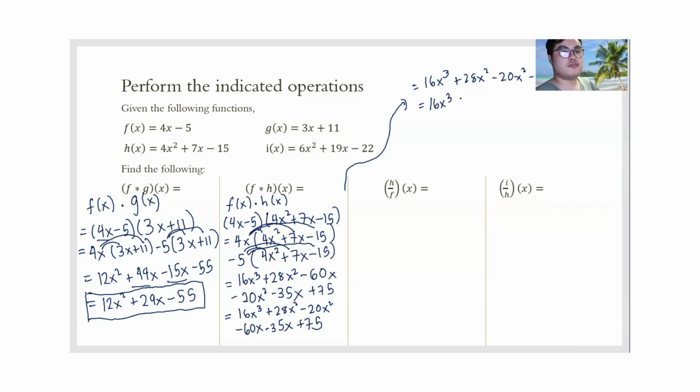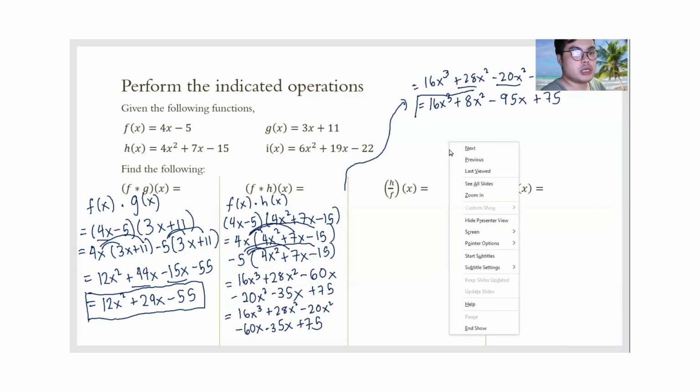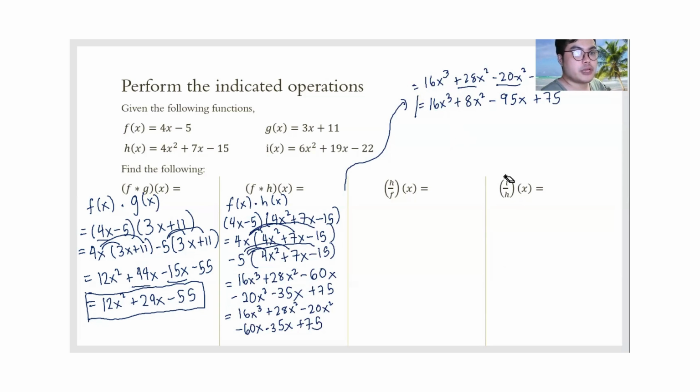However, we have two terms with the literal coefficient of x squared, so we're going to combine them. 28x squared minus 20x squared will be positive 8x squared, while negative 60x minus 35x will be negative 95x plus 75. So this is the final answer for the second question. Allow me to correct my handwriting.